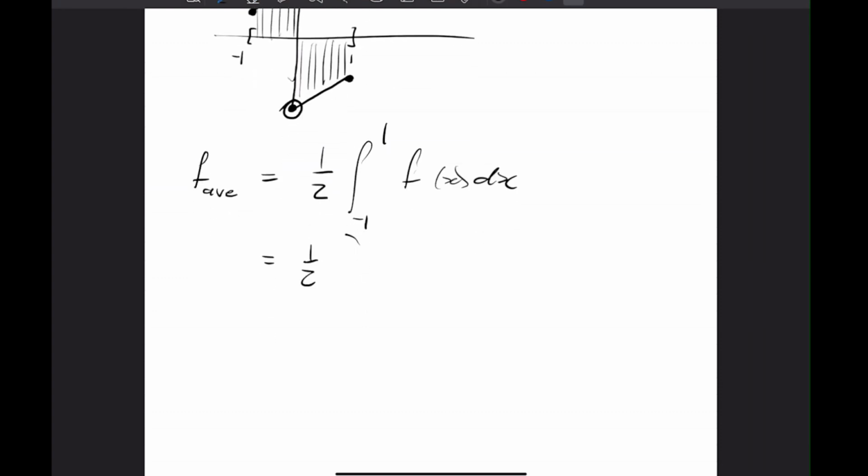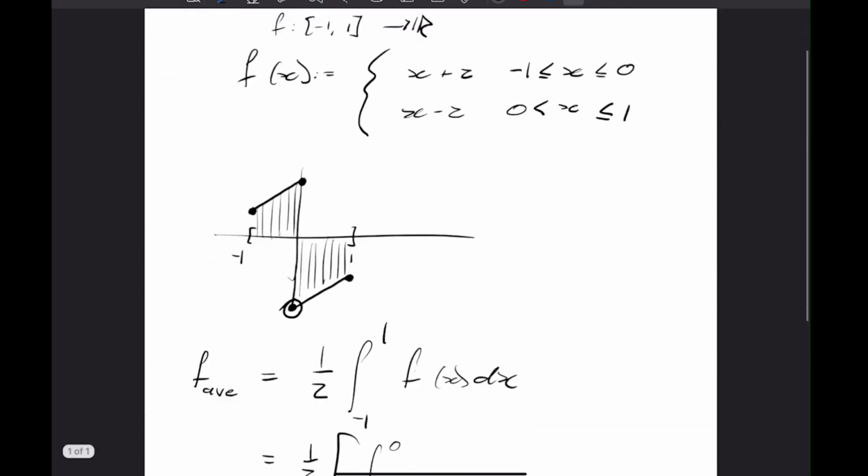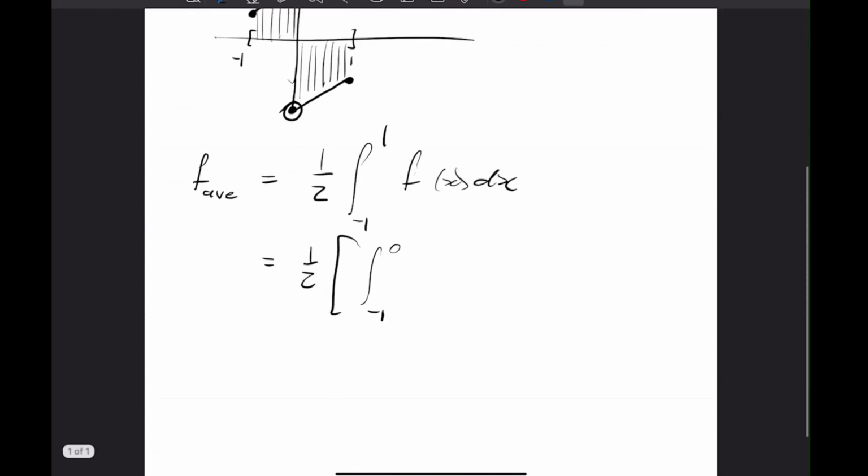But this is the same as the integral from minus 1 to 0, and on that interval f takes on the value x plus 2 dx, plus the integral from 0 to 1 of x minus 2 dx.